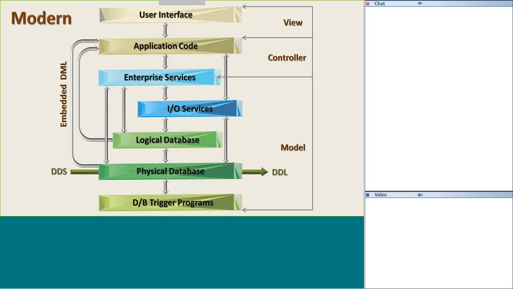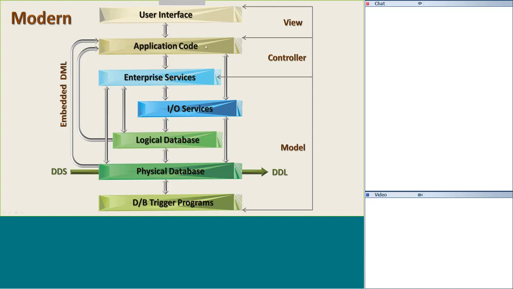Okay. So this is the stack that we're looking at for a modern application. And we will mostly be dealing with the database and application code changes, not to rewrite your applications, because only you can do that.